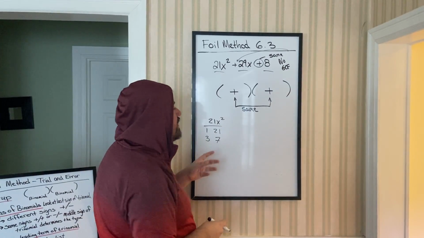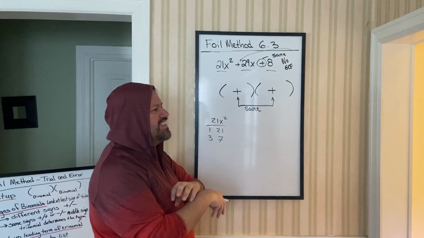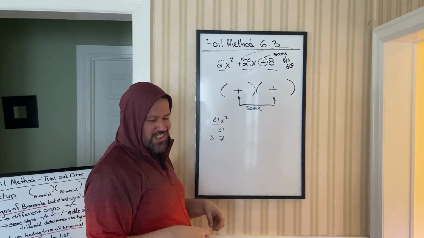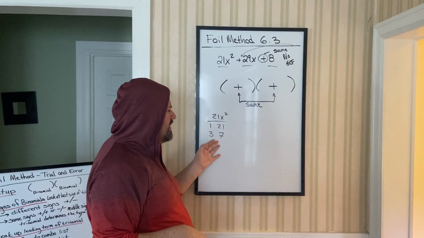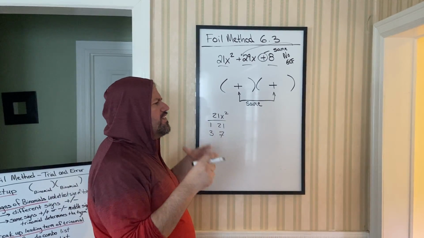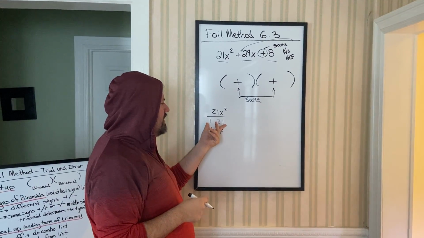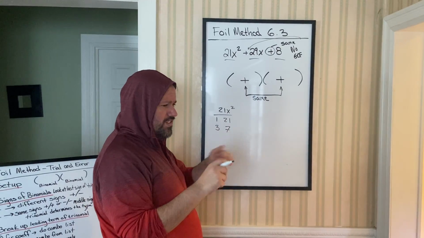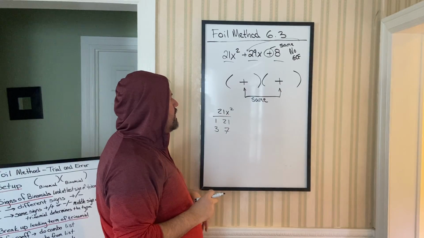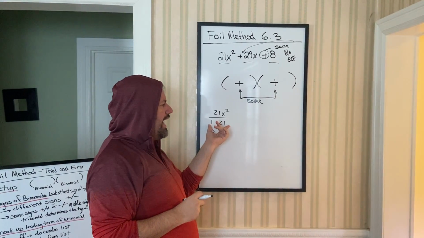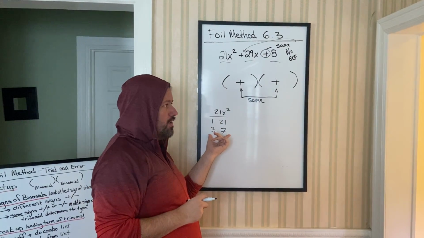When you are doing the FOIL method, there is nothing that tells you, oh yeah, do 1 and 21 versus the 3 and 7. The reason why there is nothing that helps you, remember when we were doing the shortcut method, we said, hey, see if this adds or subtracts to get the middle term.